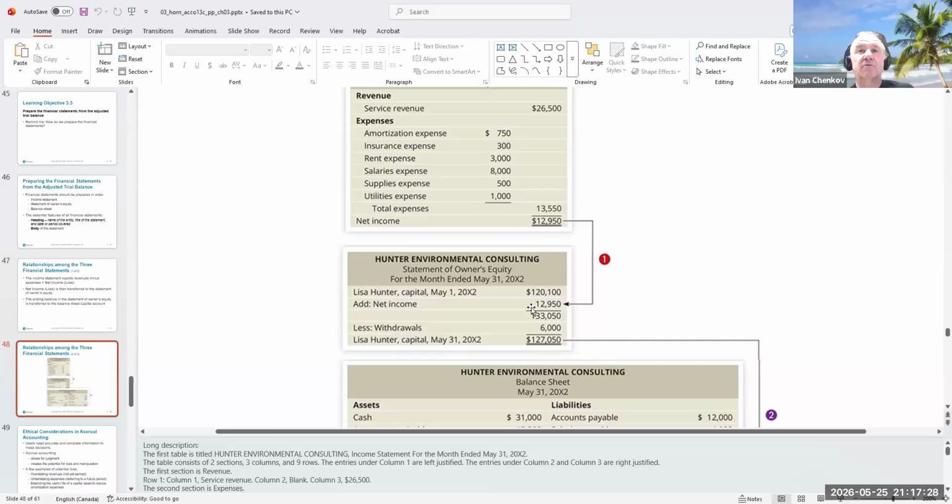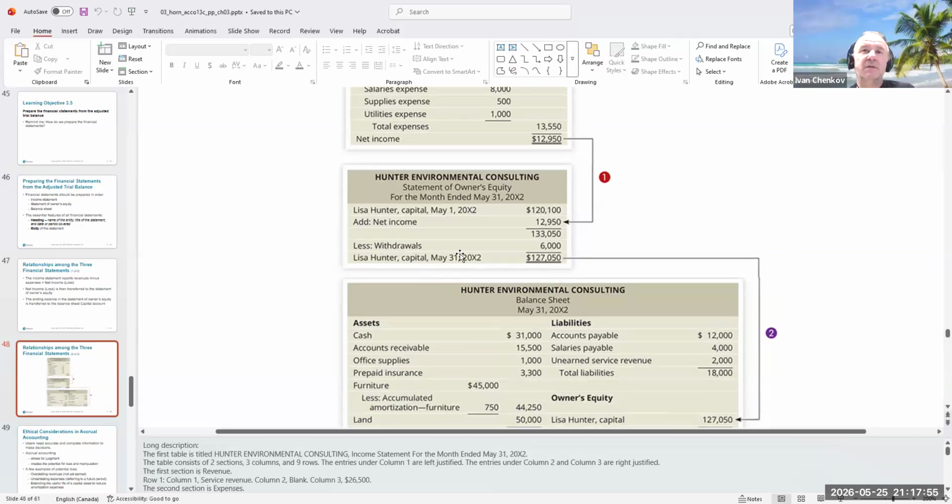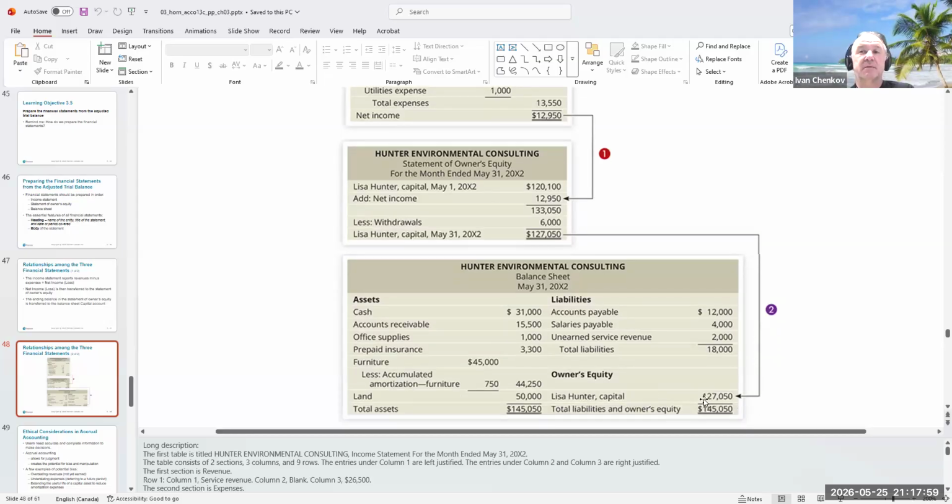Net income is going to flow to the shareholders' equity account, and we're going to prepare the statement of shareholders' equity, which is going to start with the capital at the beginning of the period plus the net income less the withdrawal, which is going to give you capital at the end of the period. Here, we may also have additional investment from the owner. In this case, we don't. And we're going to see that the capital account is going to go under the equity section under capital.